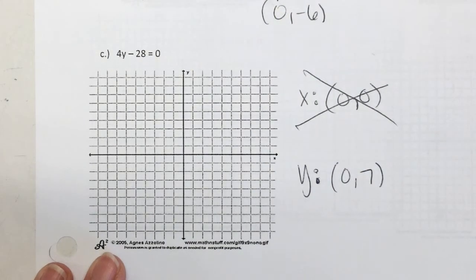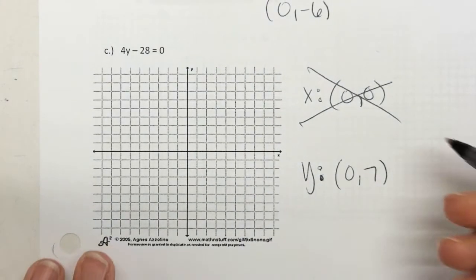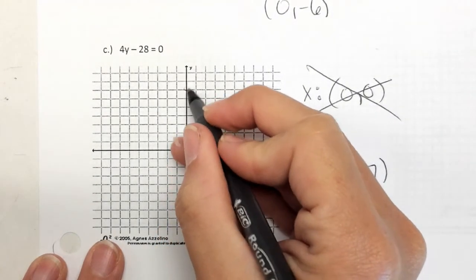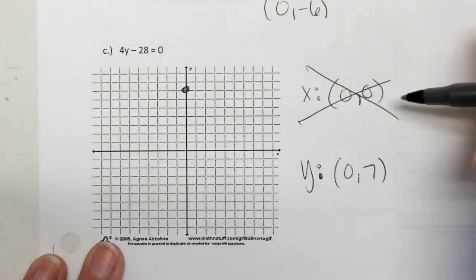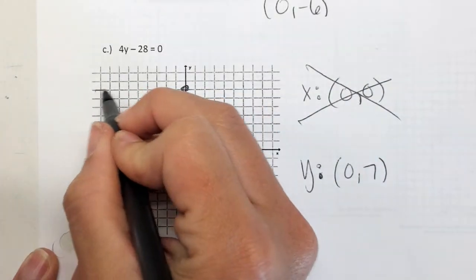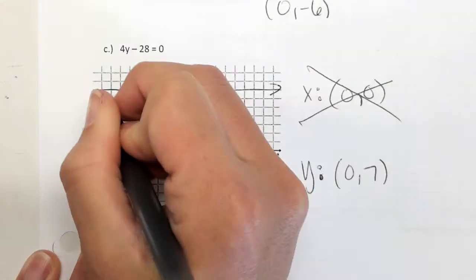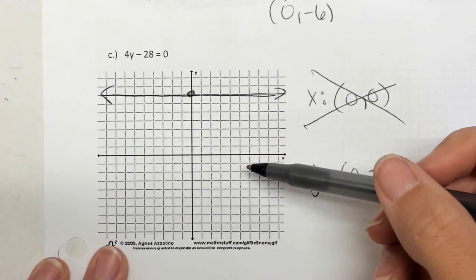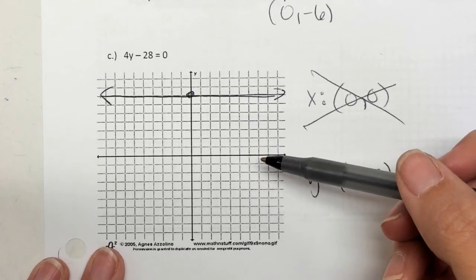Did everybody get this? Alright, so let's draw this point. 1, 2, 3, 4, 5, 6, 7. I know it's never going to cross the x-axis. So what kind of line does it have to be? Horizontal. Very good. Because horizontal lines will never cross the x-axis unless what?